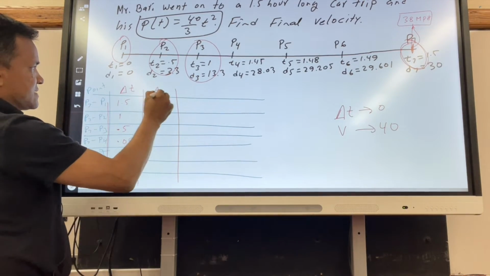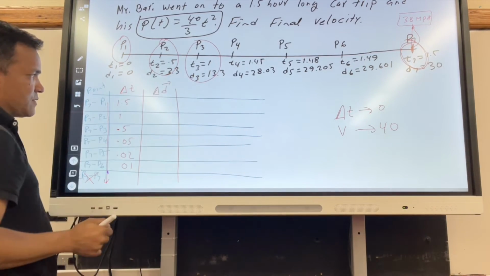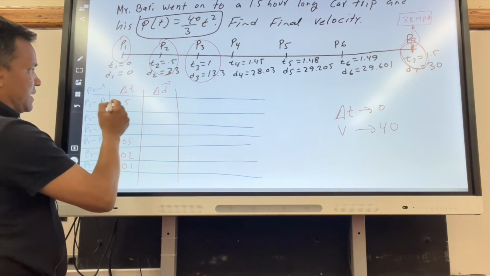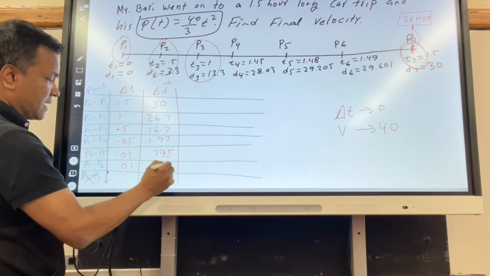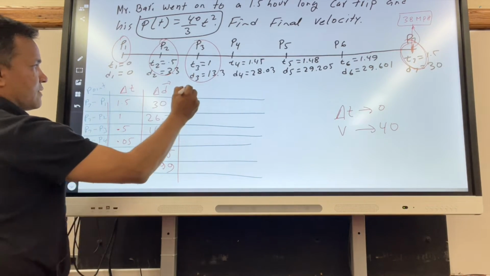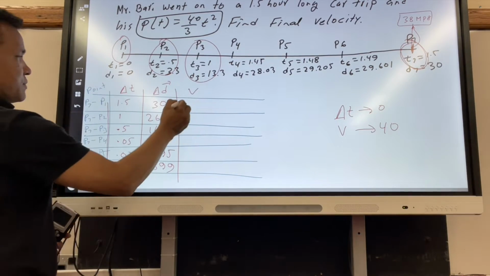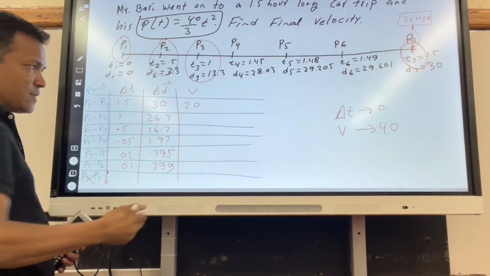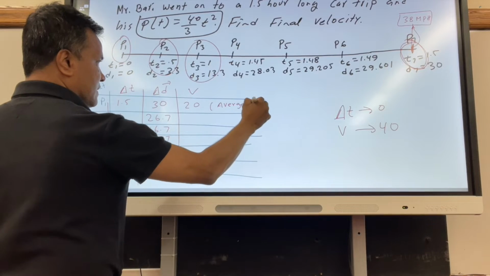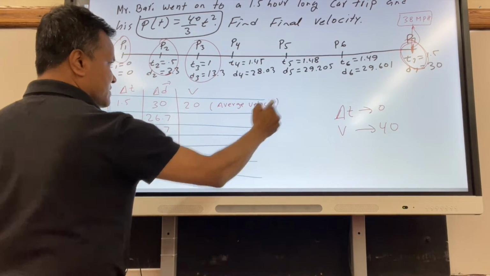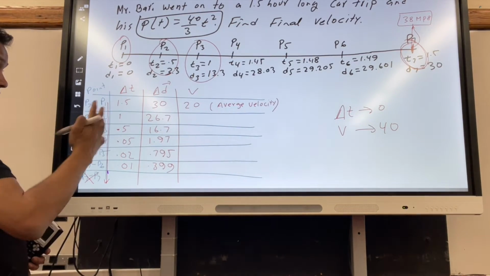Now let's see the distance, or displacement for that matter. The displacement between these two points would be of course 30. Now we're going to find the velocity. 30 divided by 1.5 would be 20. So that would be the average velocity. That would be the velocity for the entire trip.